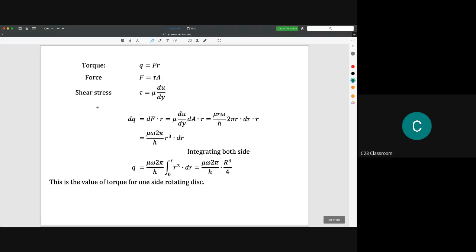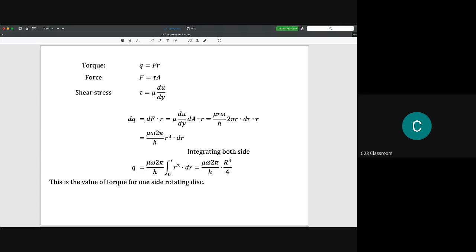So we have three basic equations. Torque equals Fr, F equals tau A, and tau is equal to mu du dy. And you could start with dQ, a small portion of torque that acts on the surface.